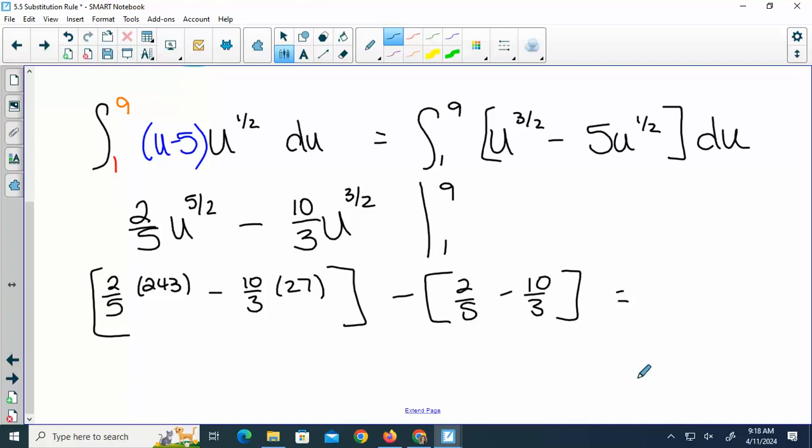We could work it out and get our common denominator if we needed to, but what do we get? 152 over 50. Any questions on that one?